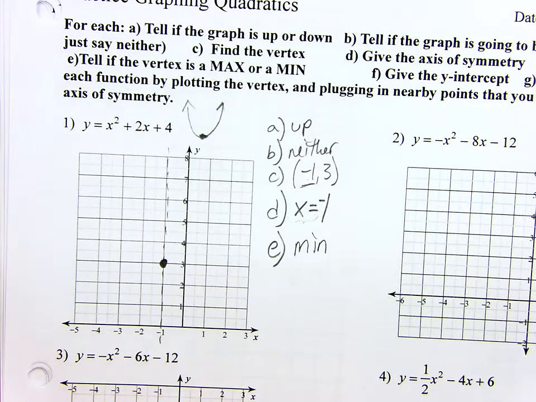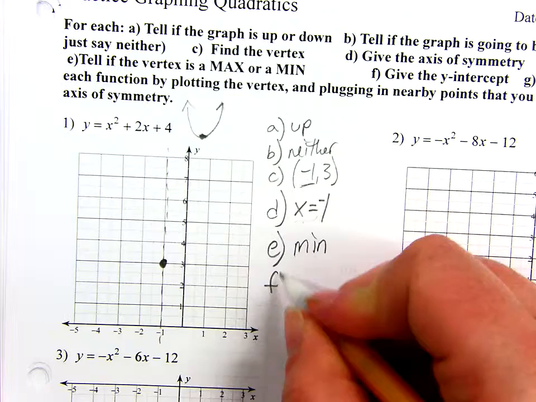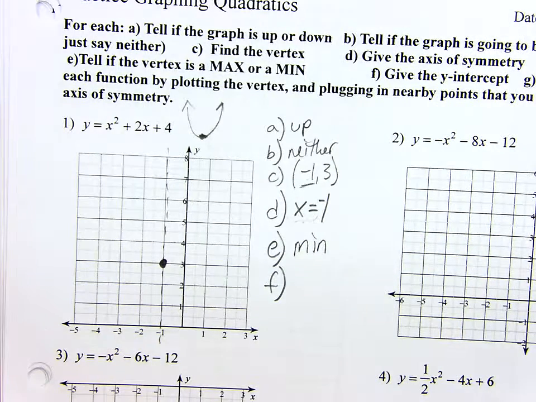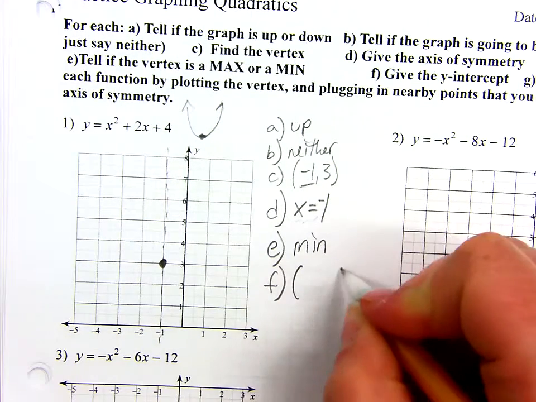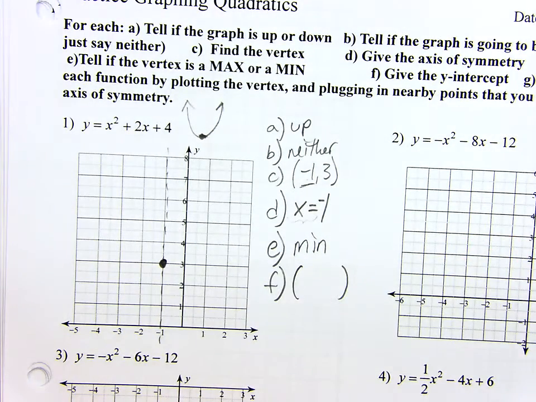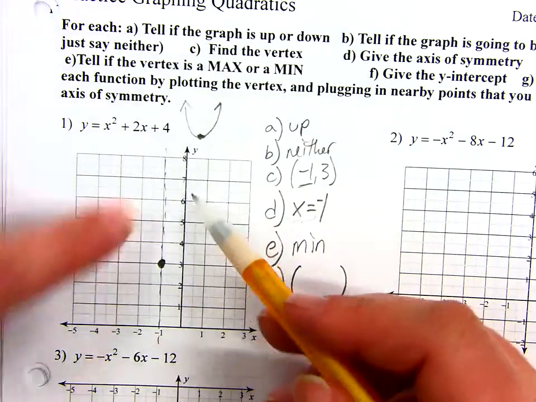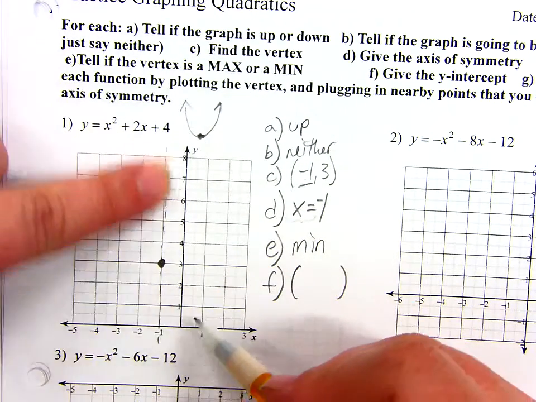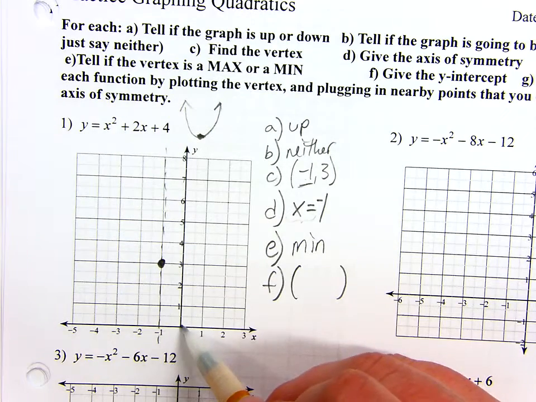And F, give the Y-intercept. Is the Y-intercept 3? It's 4. Well, how do you find a Y-intercept? The Y-intercept is where the graph crosses the Y-axis, right? X is always 0, right? Whenever a line crosses the Y-axis, wherever it happens, X is 0.